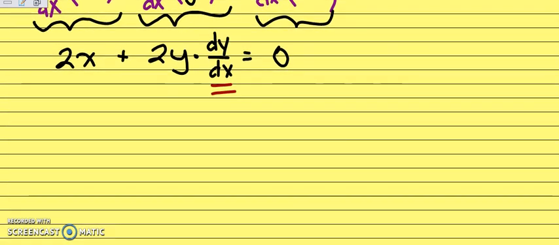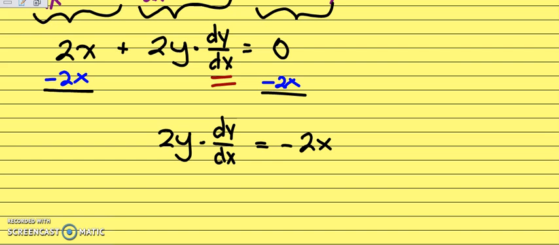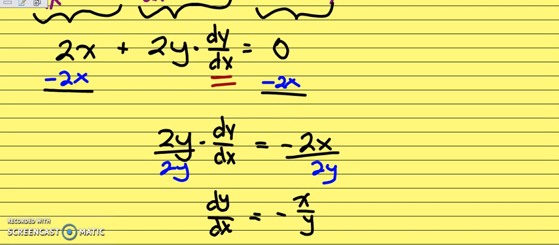Using basic algebra, we can subtract 2x. So we have 2y times dy over dx is equal to negative 2x. And we can divide by 2y to get dy over dx is equal to negative x over y. And that's the derivative.